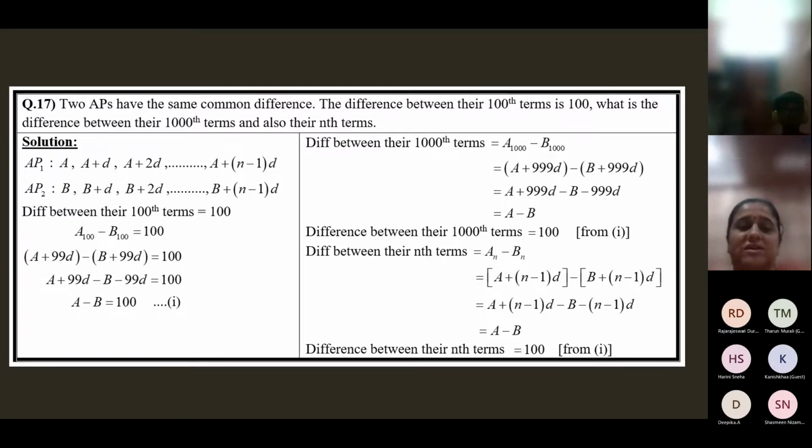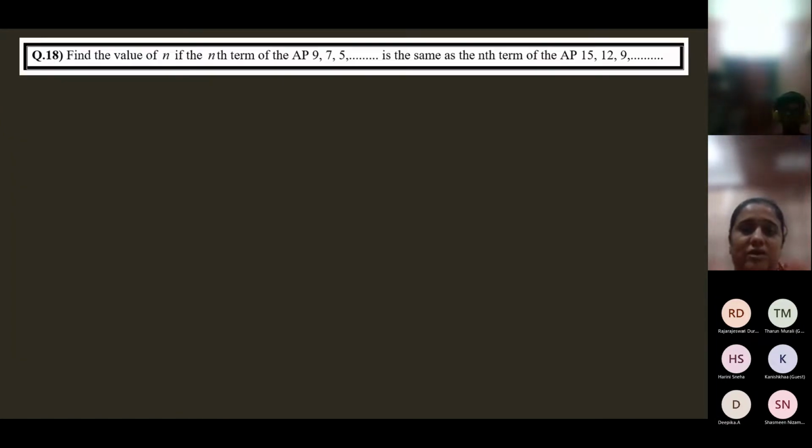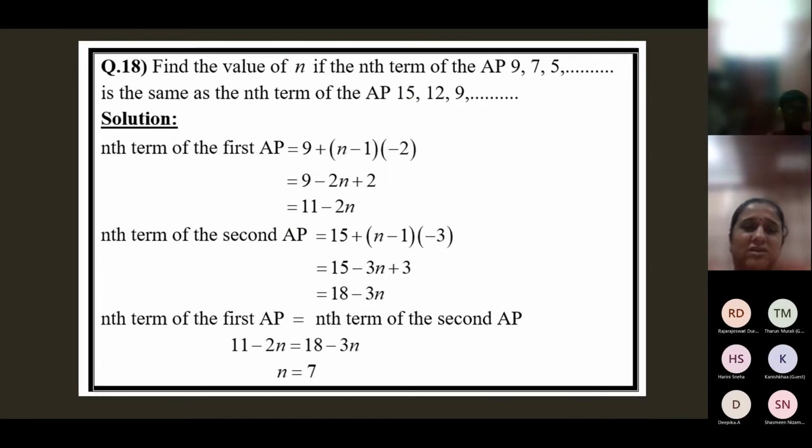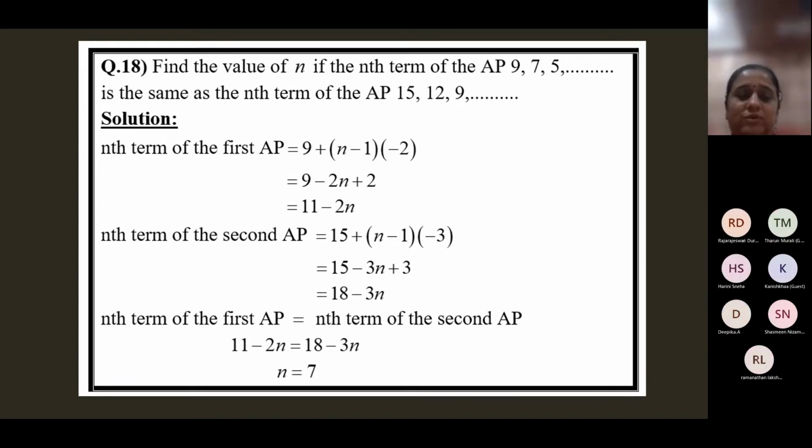Any questions? Please ask me. No, ma'am. All right. This is easy, children. Take a picture. I think the working itself you will understand. You can help yourself.